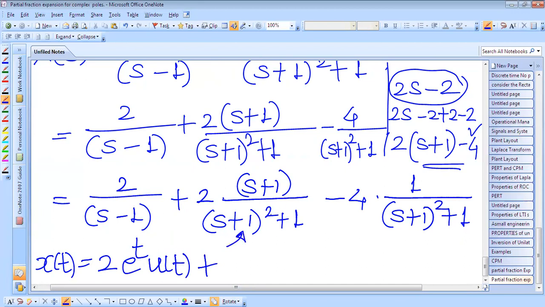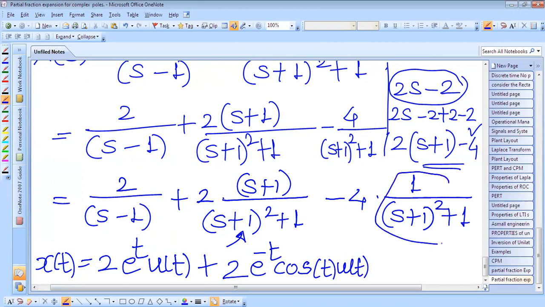Now this is the standard form of a cosine function. So 2 is already there, and it is e raised to power minus t into cos of t into u of t. Again this is in the standard form. So minus 4 is there, and it is e raised to power minus t into sine of t into u of t.